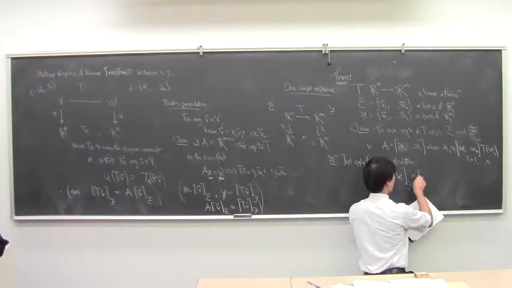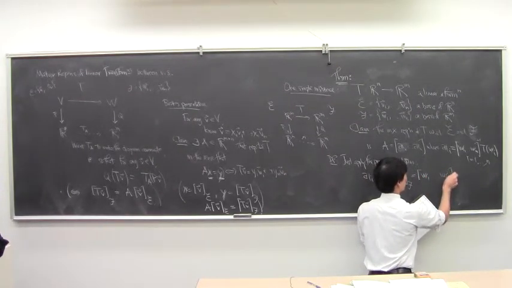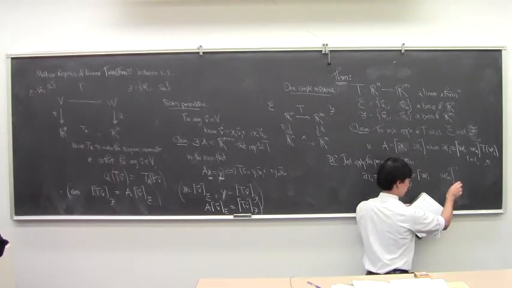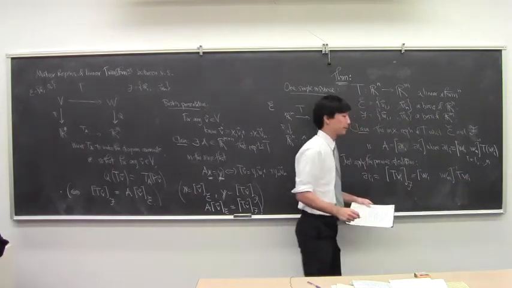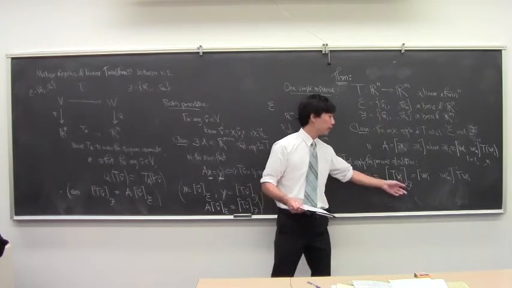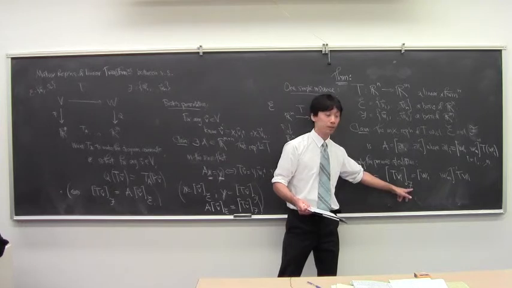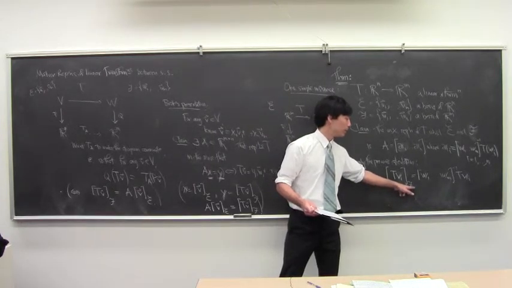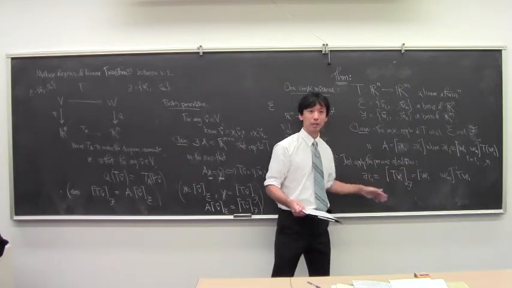Well, we did this before. It's going to be the matrix [w1 ... wm] to the minus 1 times Tvi. You take the elements in the basis, and you put them in a matrix, and you invert it, and then use that thing to get the coordinate vector.